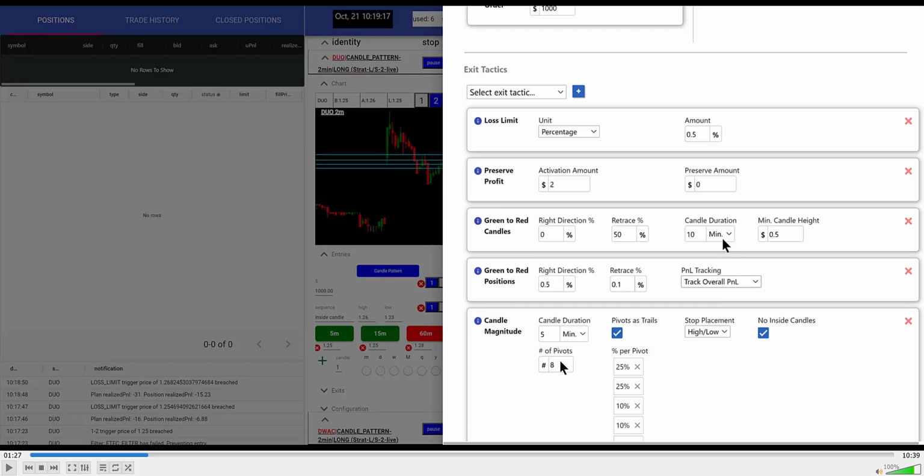And then I'm picking the 8 closest pivots, and I'm also picking a percentage of my position to take profit at all these points. You'll see the lines on the chart, and unfortunately, I don't think the scroll is going to work to show you, but there's more down here that uses the ATR, the average true range of these candles, as a way to keep the pivots from being too close together.